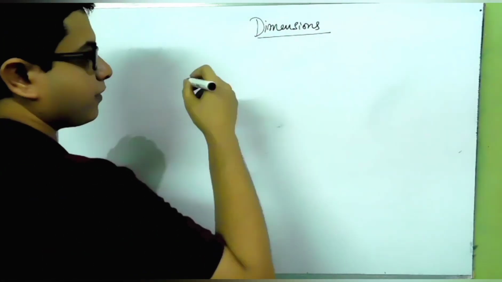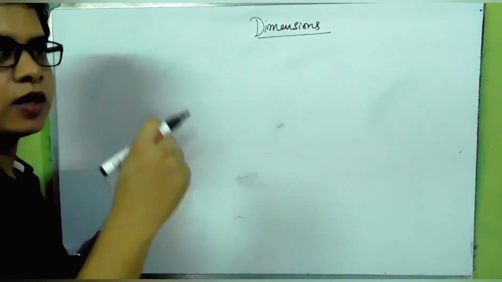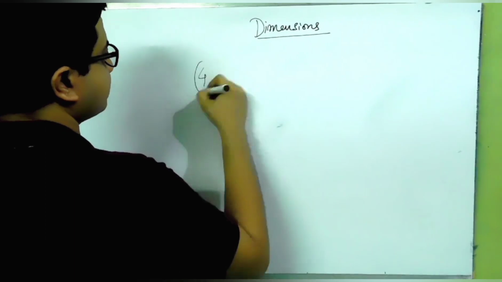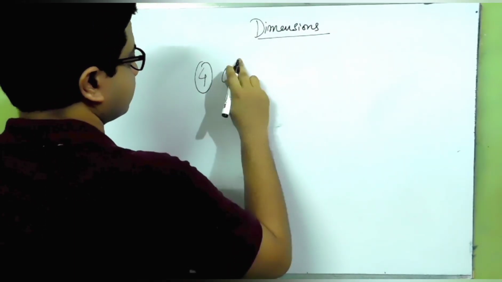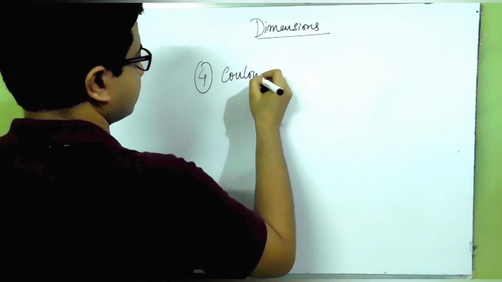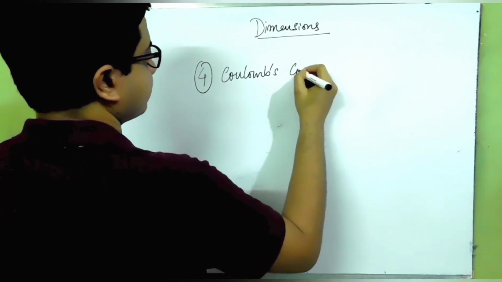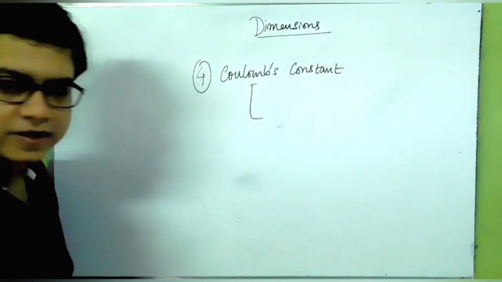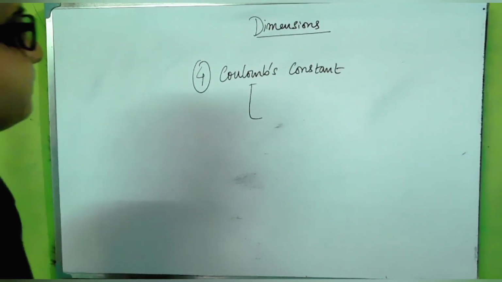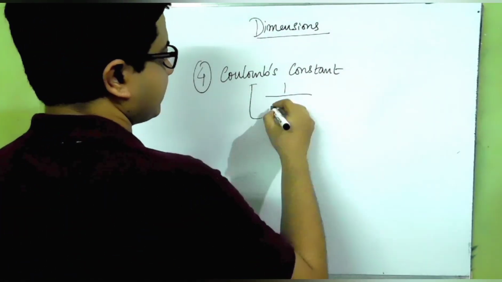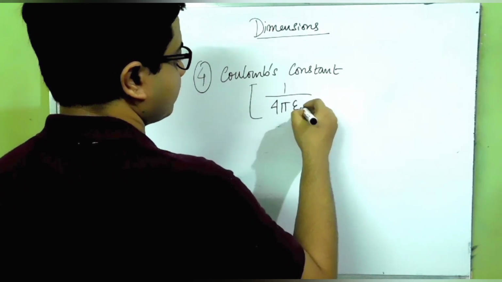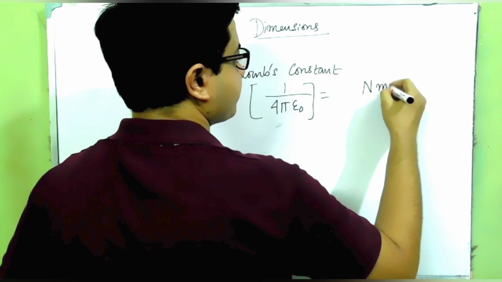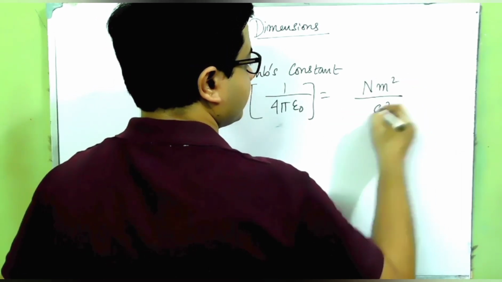Coulomb's constant, we have already seen at least 3 parameters. Now this is the fourth one, which is Coulomb's constant. The dimension of Coulomb's constant: we have seen that it is 1 over 4 pi epsilon naught, and the unit is Newton meter square per Coulomb square.